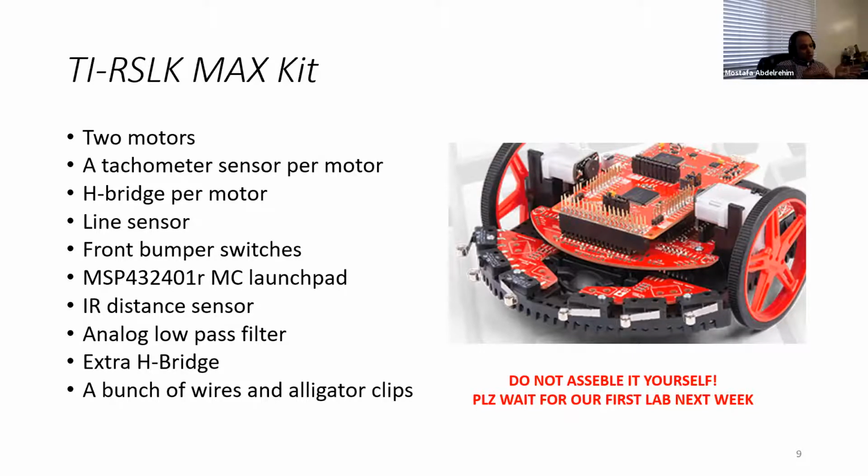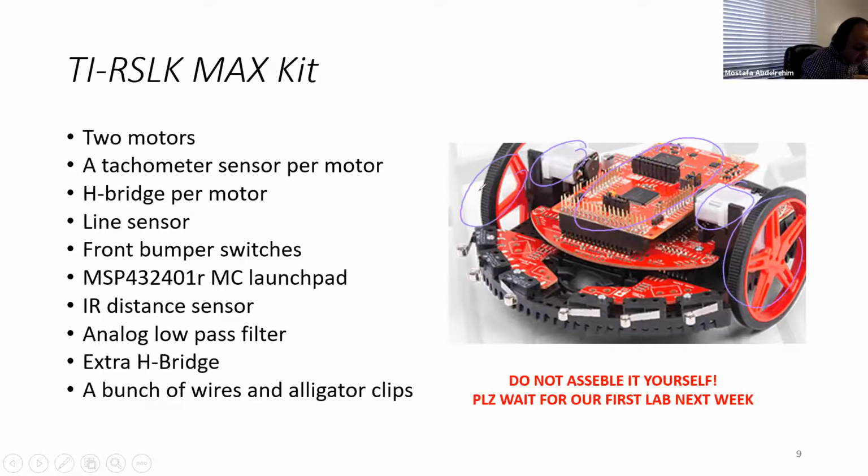So first, of course, you have the processor. Let me annotate here. Here is the processor. This is the LaunchPad, basically, in which the processor is mounted. You have two motors and two wheels.